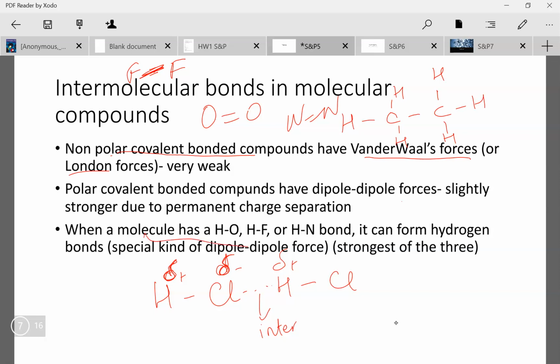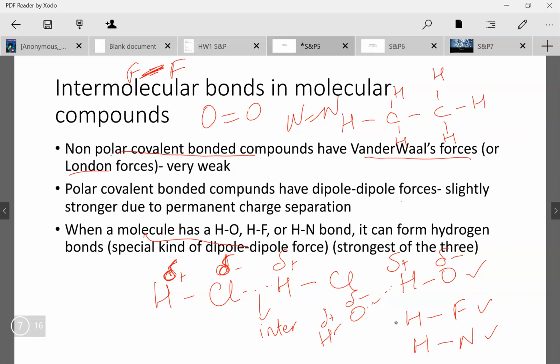And then we also will hopefully remember hydrogen bonding, which is a special kind of dipole-dipole force that occurs when you have an OH, HF, or NH bond. This charge separation is very big, and therefore it will form significant bonds to other similarly charged molecules.